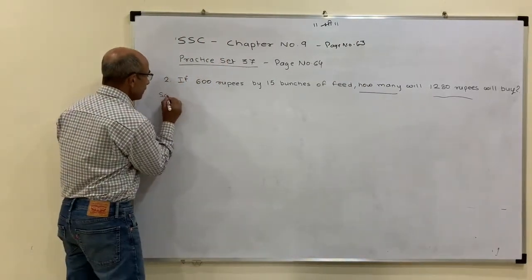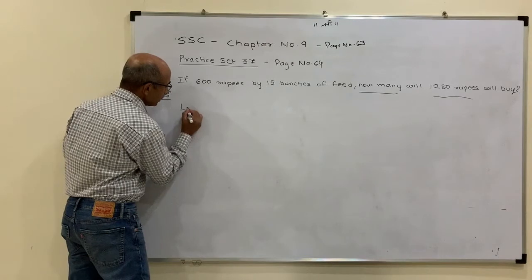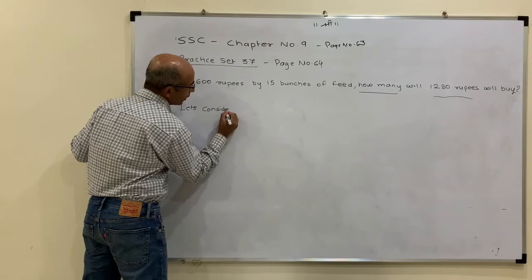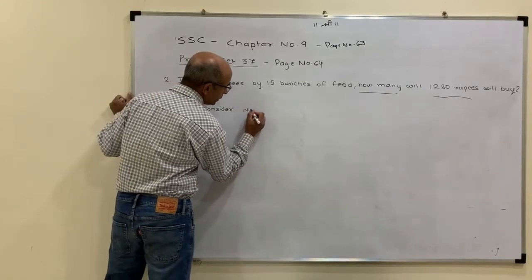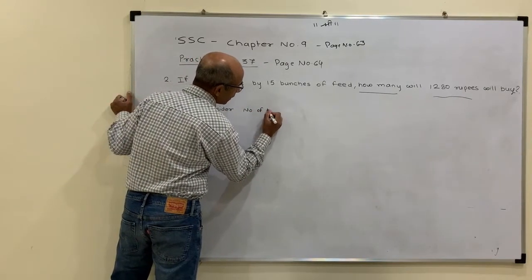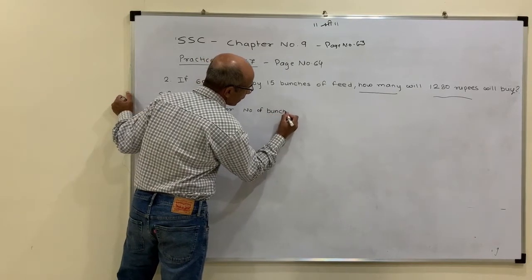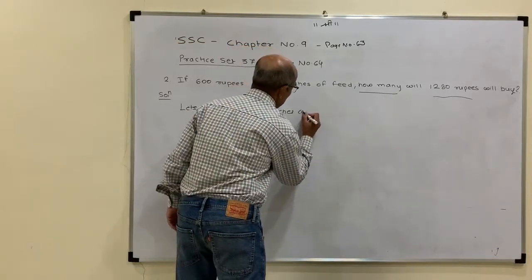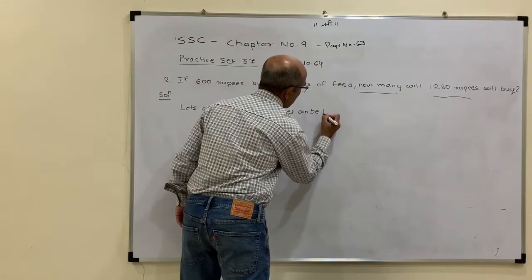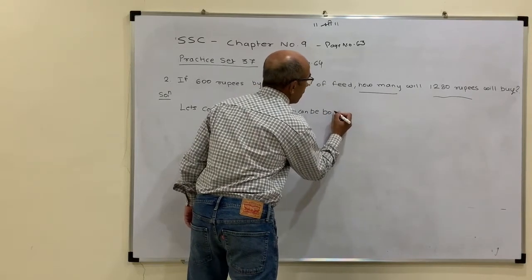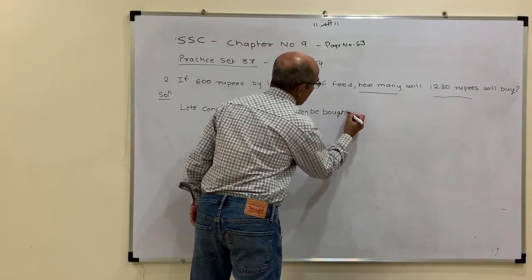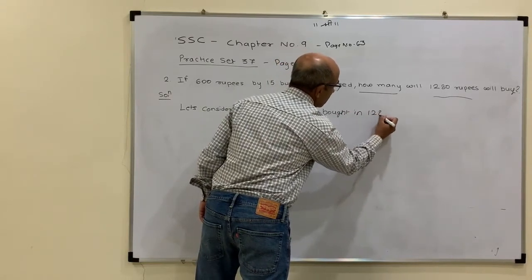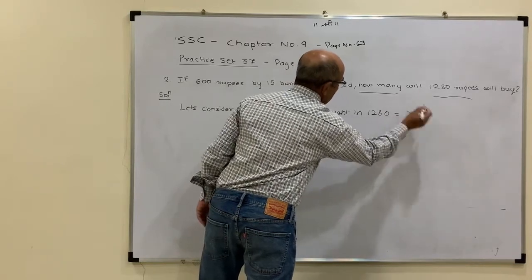So our first step is, let's consider x is the number of bunches that can be bought with 1280 rupees.